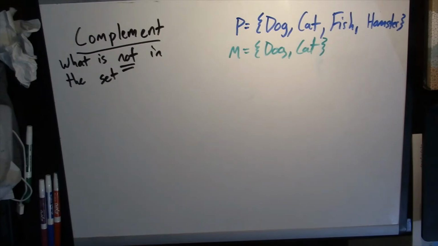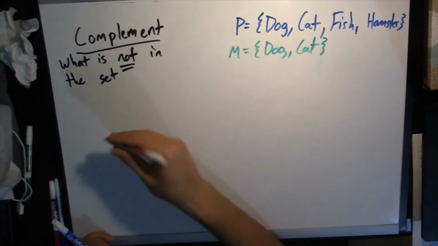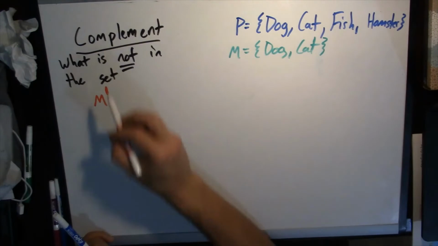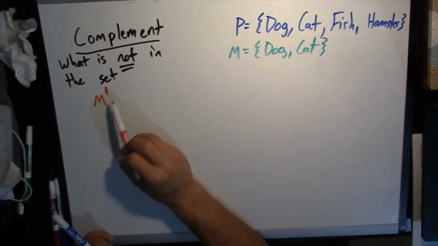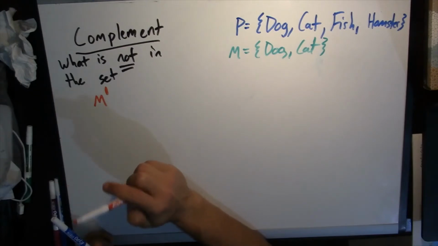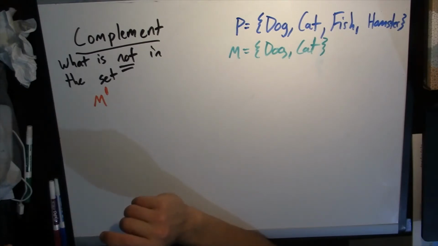So when we're talking about the complement of a set, we could talk about this set M, which is a subset of P. The way that we write complement is using an apostrophe. So we call this M prime. We used this symbol back when we talked about transformations. If we translated something, the image was called whatever the original point was, prime.